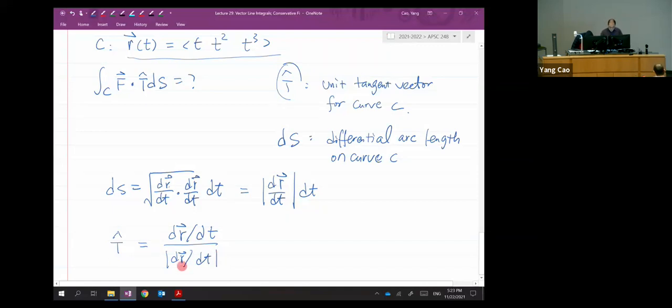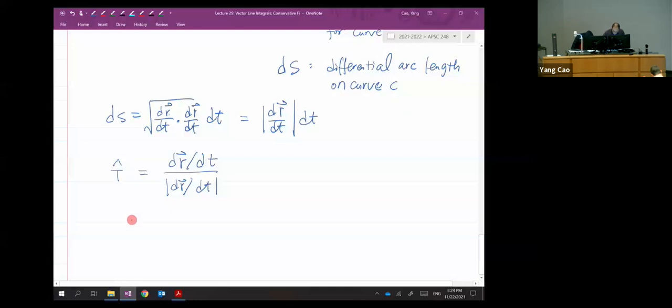Good. So now I'm putting this together. Let's see what t hat multiplied by ds is. You can clearly see the denominator here is the same as dr over dt over here. So maybe I'll just write down the original formula.